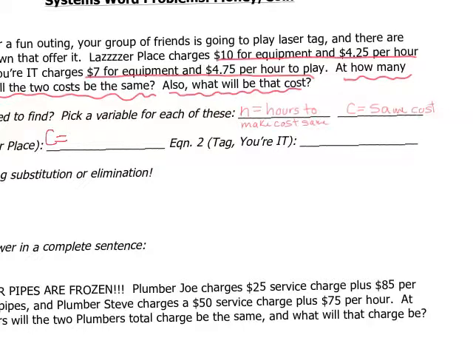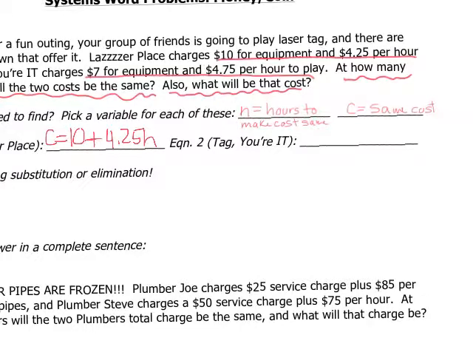Yeah, can you tell me specifics? Oh, okay. Like $10. Okay, so $10 up front and $4.25 per hour. And remember, H is the number of hours. Okay, so I have C equals 10 plus 4.25H.